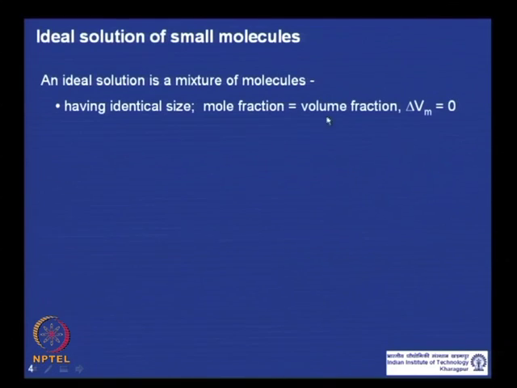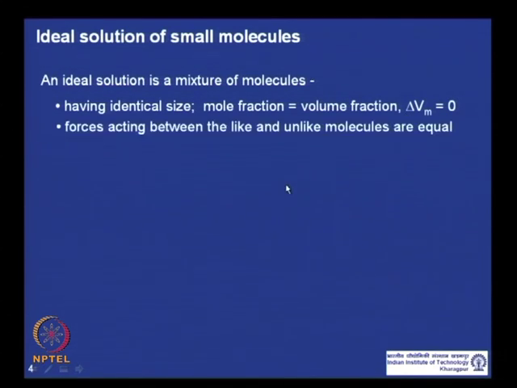Once the molecular size is the same, molar volumes are the same, then mole fraction would be equal to the volume fraction, and the change in volume of mixing would be 0. So, there will be no change in volume after mixing of the components.